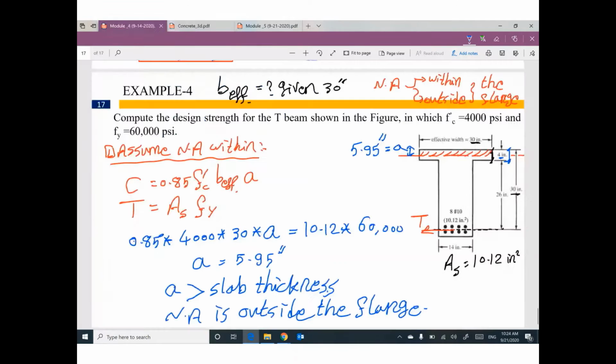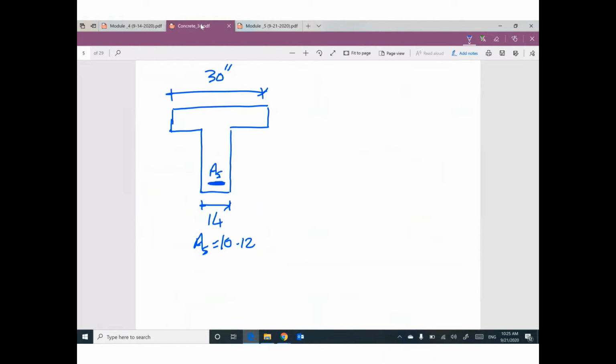Yes, and 30, 26 and 4. This depth to the area of steel is 30, and this thickness is 4 inch. We are in this case right now: the neutral axis is outside the flange.